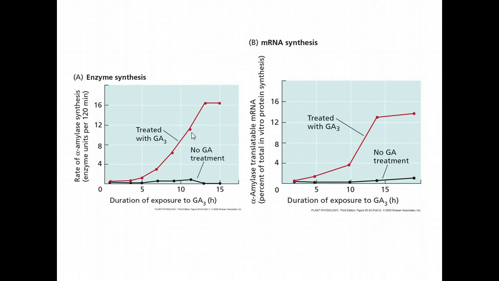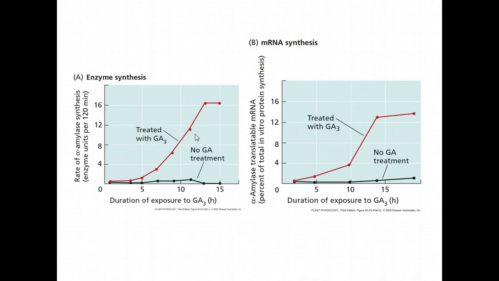Or we can go in with a scalpel and dig most of the embryo tissue out. Then we can take that leftover part of the seed that has the aleurone layer, and we can add GA. If we add gibberellic acid, which is a hormone, then you get alpha amylase.